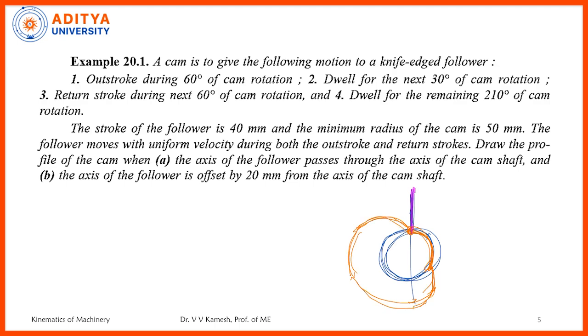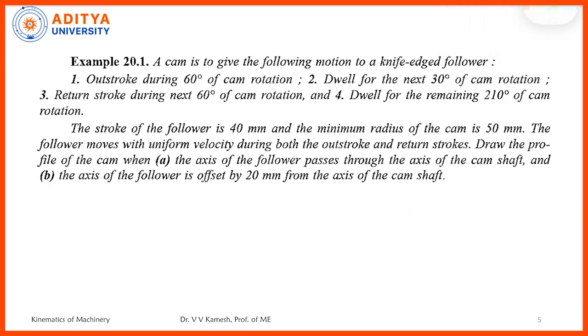But here we don't have the trace point on the follower and the base circle immediately because there is a shift. The follower will not be available here.